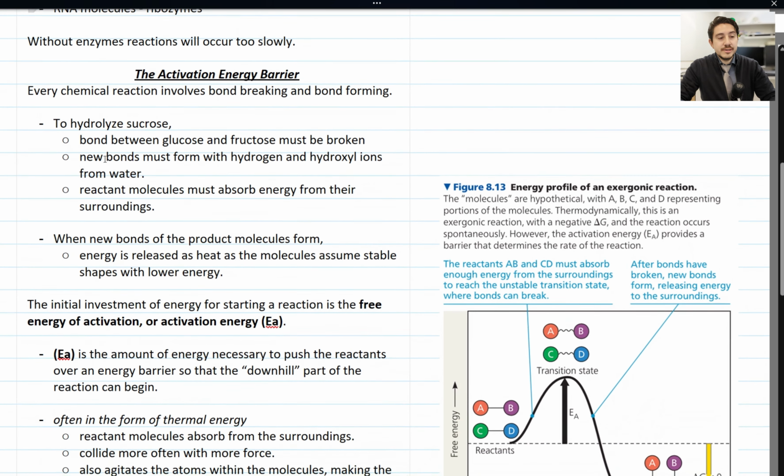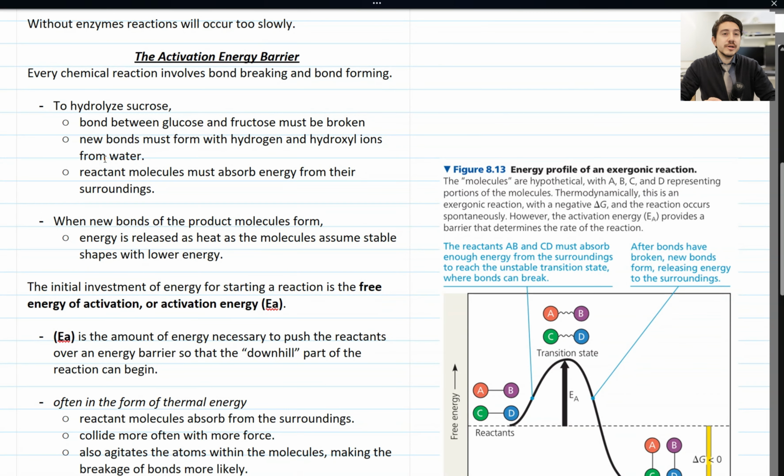So related to enzymes is a concept called activation energy. This activation energy is kind of a barrier for chemical reactions. So let's take a look at what that is. As you know, chemical reactions involve molecules breaking bonds and forming bonds to create new compounds. When you hydrolyze sucrose, the bond between glucose and fructose must be broken.